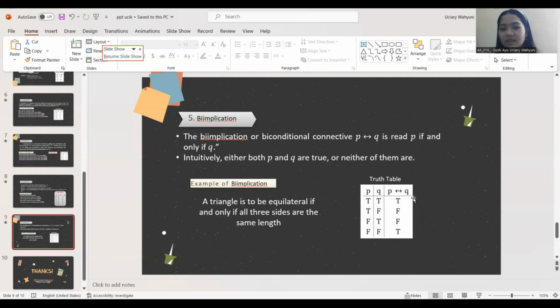Biimplication is true only if P and Q have the same condition. What is the meaning of same condition? We can see here, if P and Q are true, the biimplication is true. If P and Q are false, the biimplication is true. For example of biimplication, a triangle is equilateral if and only if all three sides are the same length.